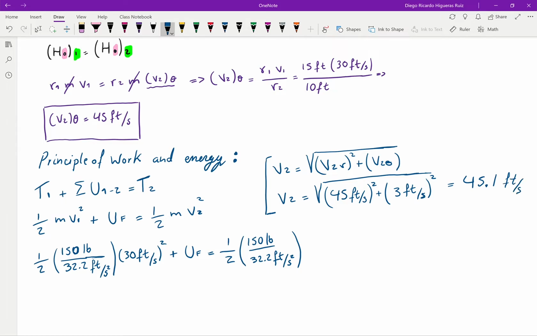Pretty close to 45, just because the normal component of the velocity of the shortening rate is very small, but this is the velocity that we need to use to calculate that kinetic energy.